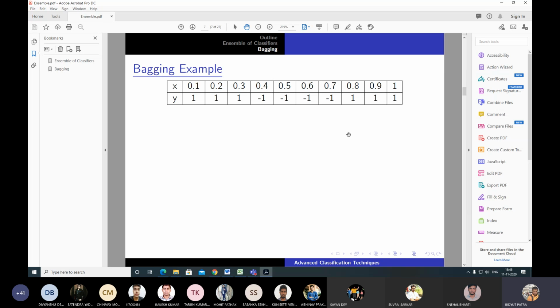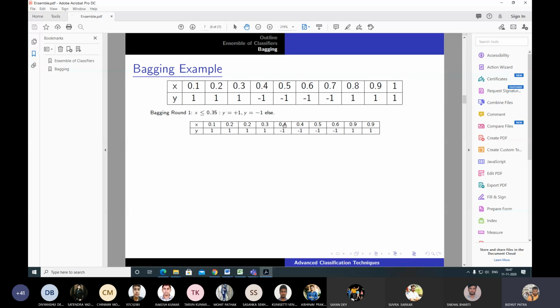Here we go. First, we use the bootstrapping technique. Out of these 10 objects, randomly we choose objects 10 times. The first time you got 0.1, then 0.2, then 0.2 again, and a third 0.2, because you are picking points with a random replacement strategy, so there is a high chance you get 0.2 again.